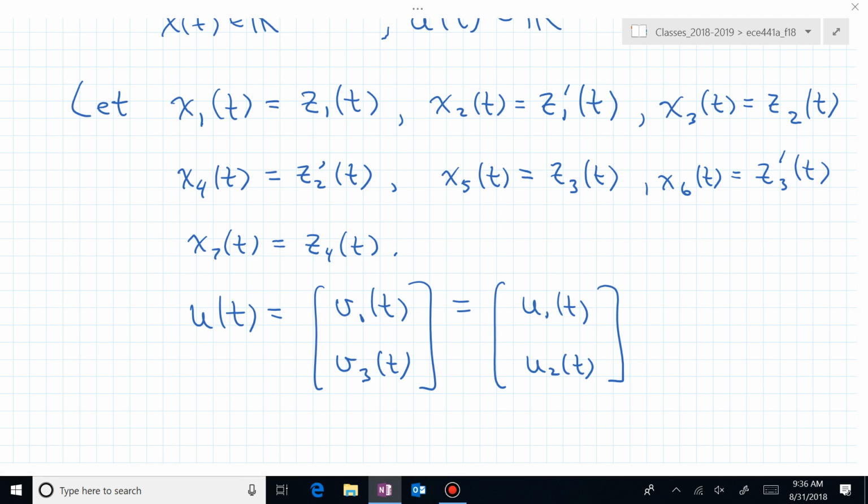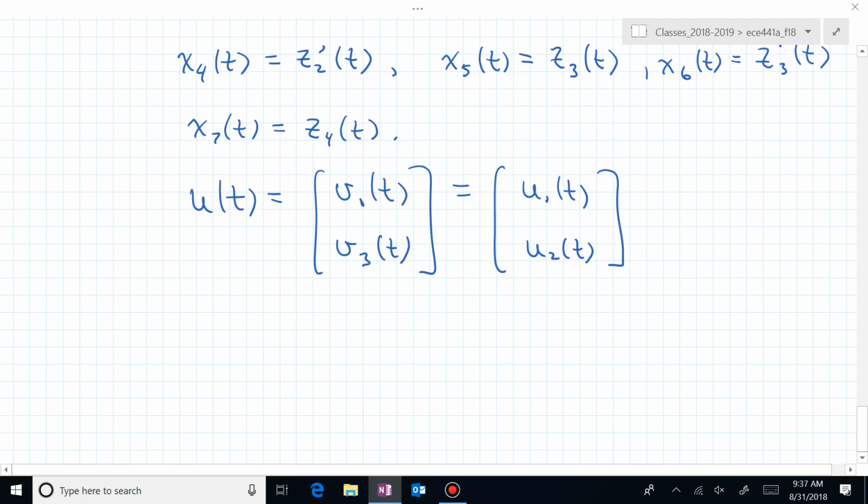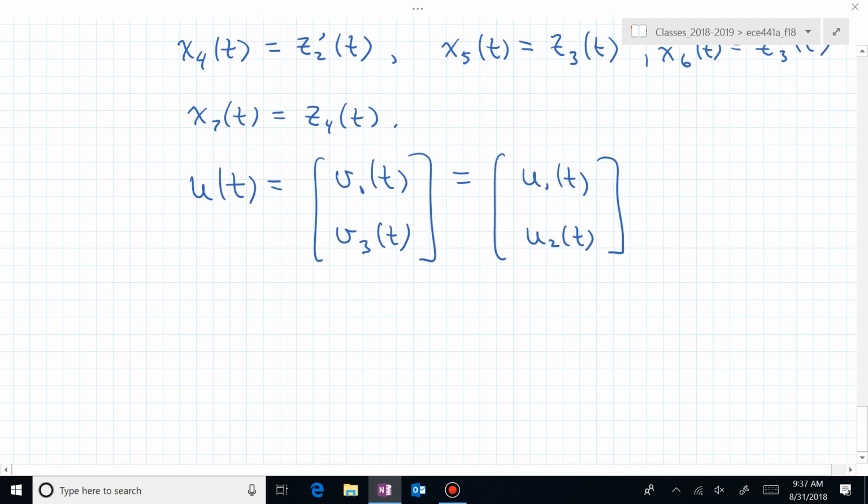But u could be u sub 1, u sub 2, but we're assigning it to be the two externally applied forces, and we labeled those today as v sub 1 and v sub 3. That may be confusing, but it's not intended to be. It's meant to clarify how you can get lost in variables. But I don't want you to be lost. I want that to actually make sense. But just use that today.